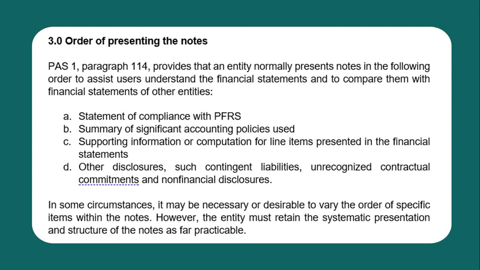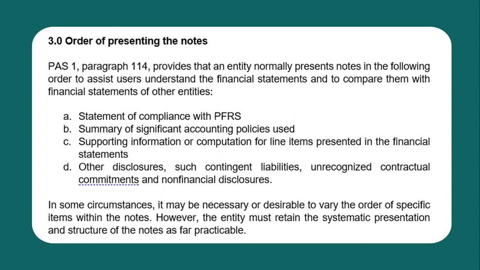So, included na diri, like say for example, in the statement of financial position, in your line item cash and cash equivalents, makita lang man dito sa financial position ang combined na cash and cash equivalents.